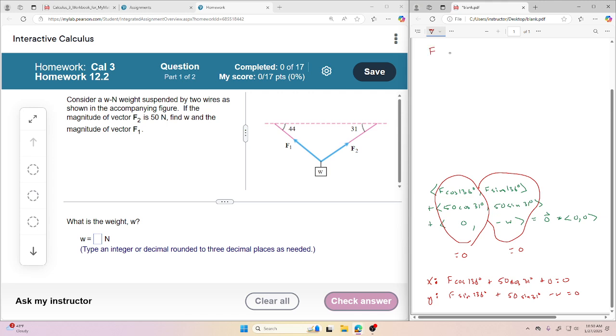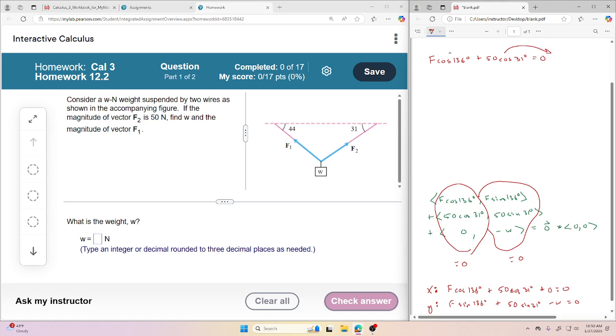So let's just look at the first one. I'm going to write a little bit more clearly. We got F cosine plus 50 cosine is equal to 0 essentially, and I need to solve for F. And I think that's easy here because there's nothing else, no other letters. So what do I do? Yep. And then divide by that cosine.